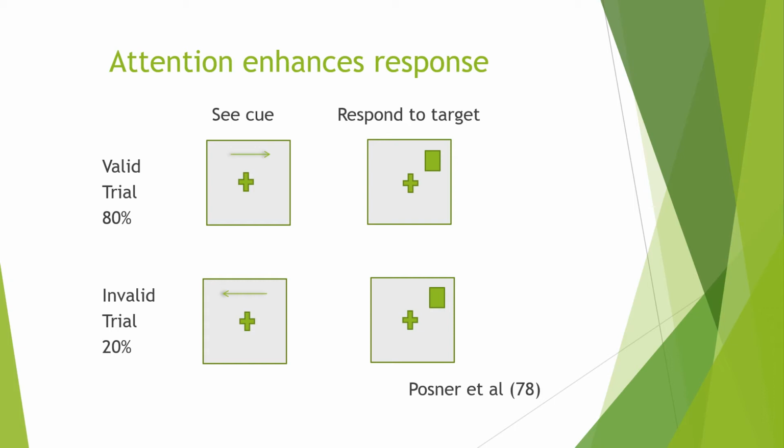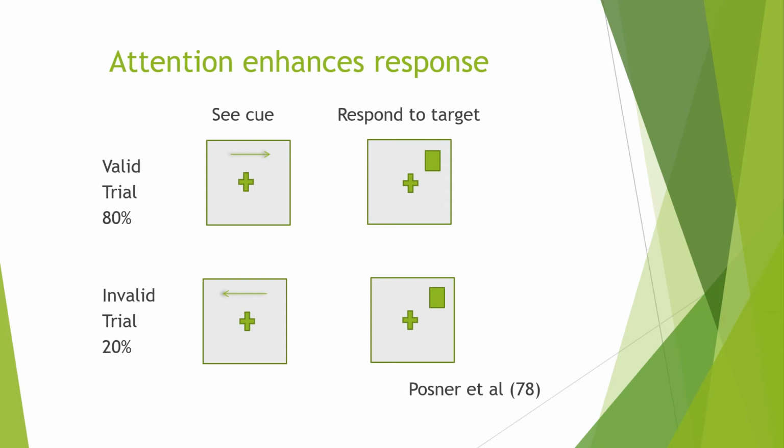20% of the trials were invalid trials, so the cue would say the target's coming up at the left, for example, and instead the target would come up at the right. And as you can imagine, this was all nicely counterbalanced, where it was equally often on the right as on the left. The arrow was equally often pointing to the right or the left.